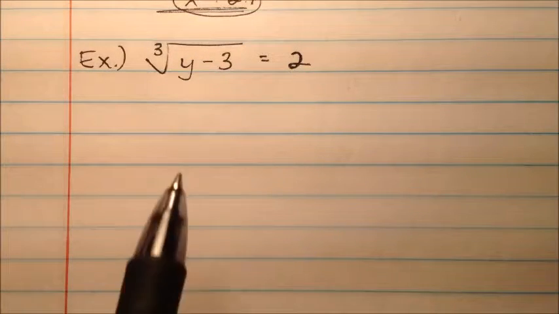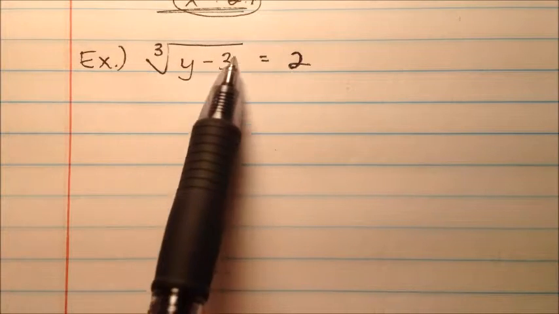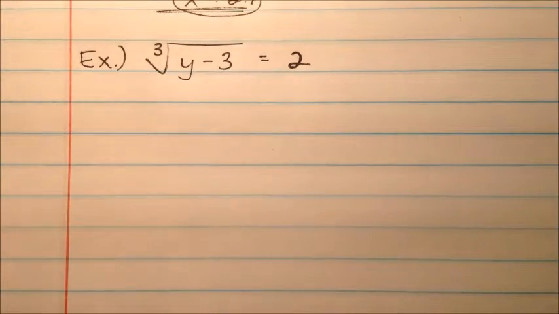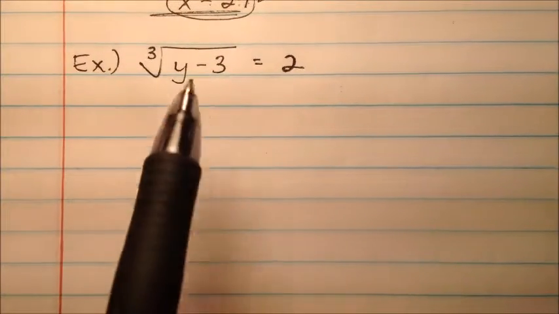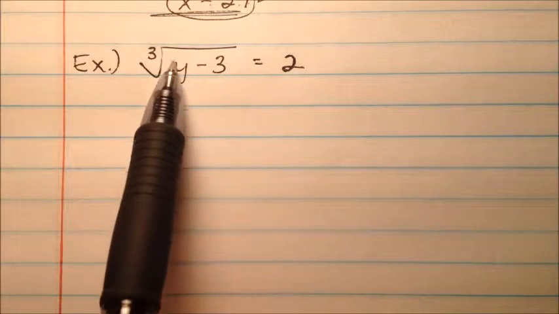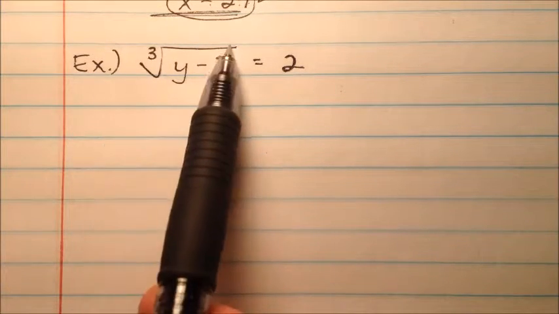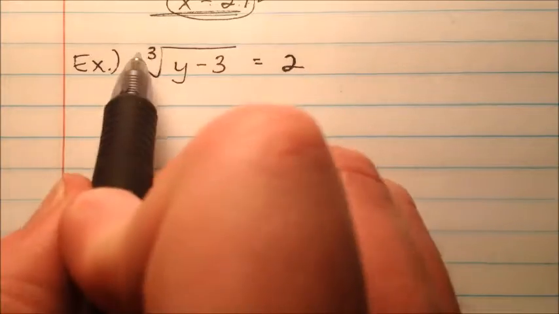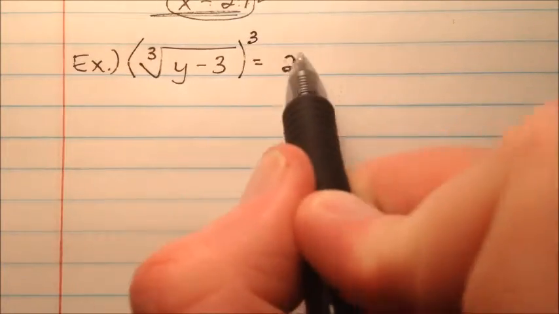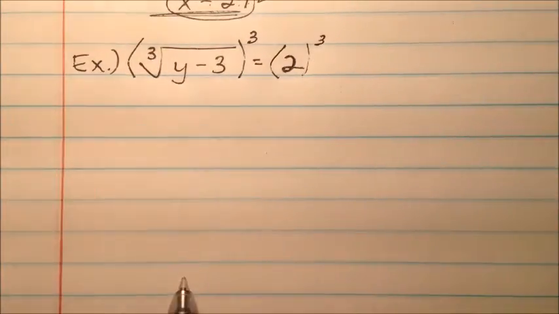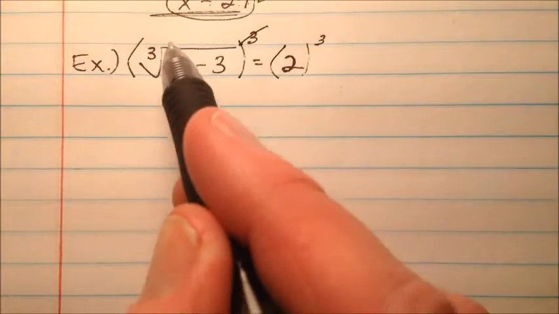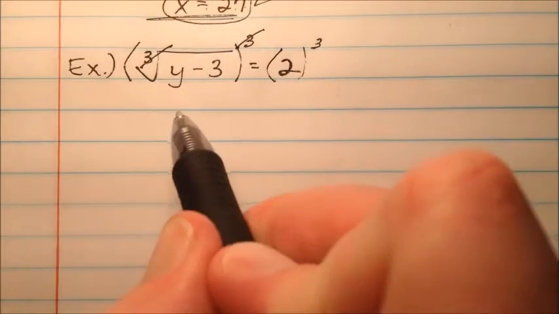In the second example, I have the cube root of the quantity y minus 3, and we're going to say that equals 2. So again, we have this variable, and we need to isolate it. Right now it's trapped underneath this cube root. The opposite of the cube root would be cubing. So I'm going to cube both sides, and this cube and the cube root cancel each other out.